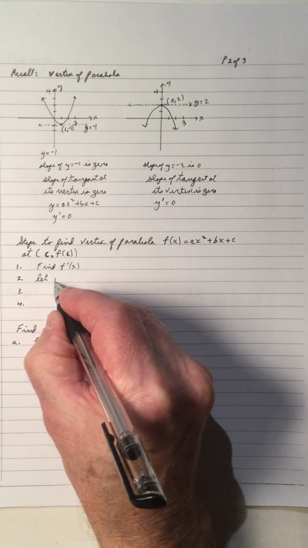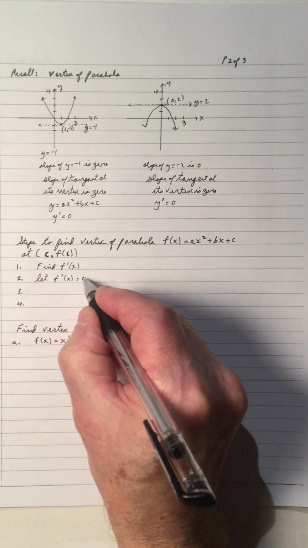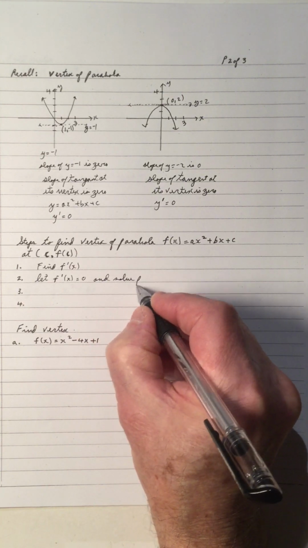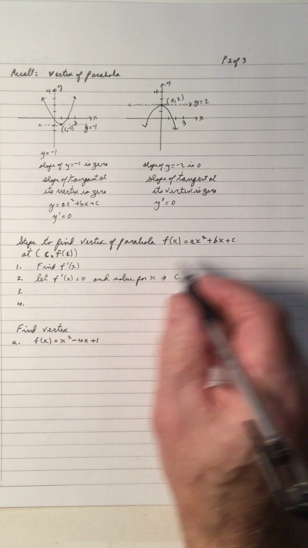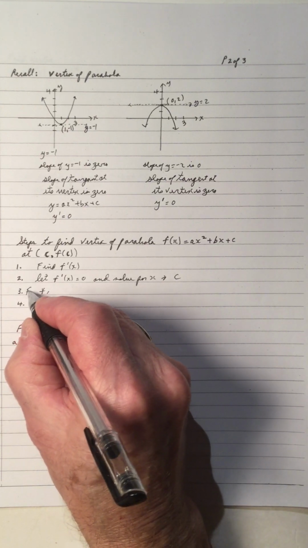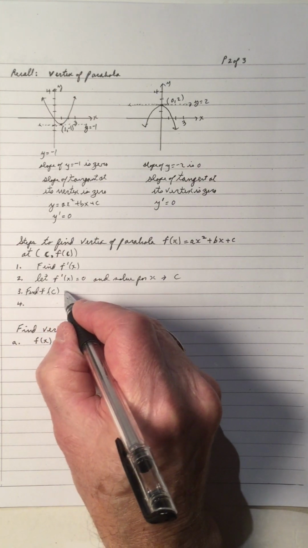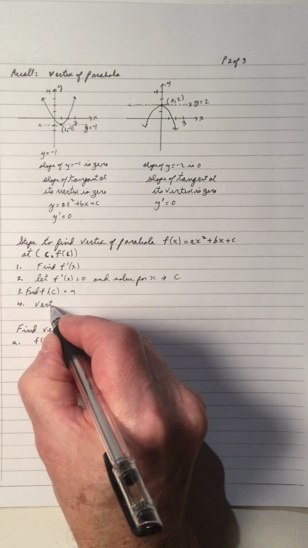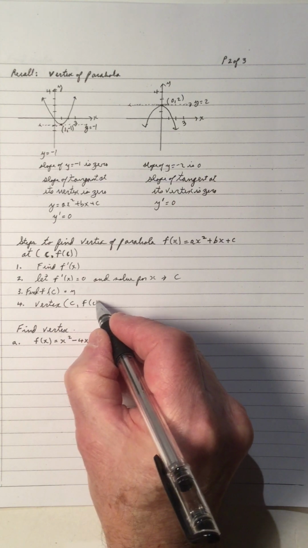We'll let f prime equal 0, and then we'll solve for x. And that value of x we'll call c. Then we'll find f of c, and that will be the y value of its vertex. And so the vertex will be (c, f of c).